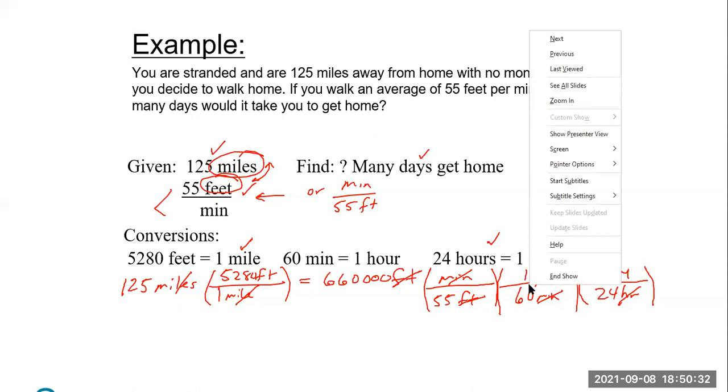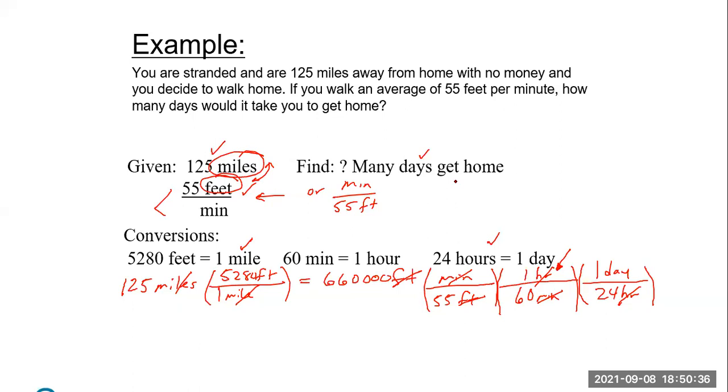So personally, I would take my answer I got on top, divide it by the first number, which is 55, hit equals, divide by the second number, which is 60, hit equals, divide by the third number, which is 24, and hit equals. And you will end up with 8.33333, a bunch of threes, days.